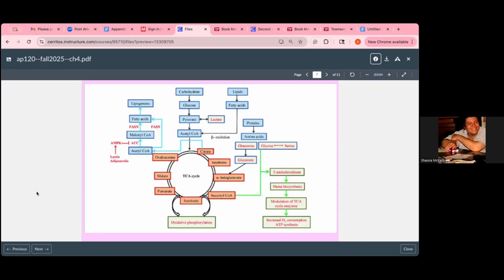If it's lipids, it goes from fatty acids to acetyl-CoA. If it's proteins, it goes from proteins to amino acids to glutamine, glycine or serine to glutamate to ketoglutarate. But this is all oxidative phosphorylation.